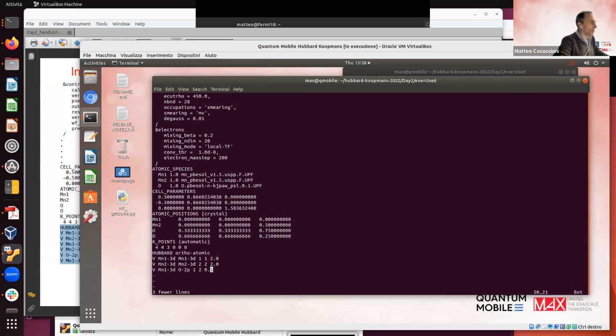Suppose I do something like this: I try to fix values that supposedly don't give me any convergence trouble for the U and V's. And now we run this calculation first.